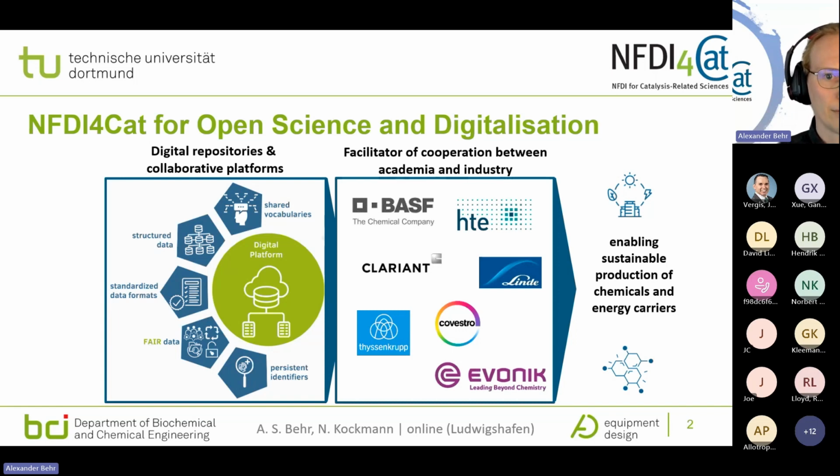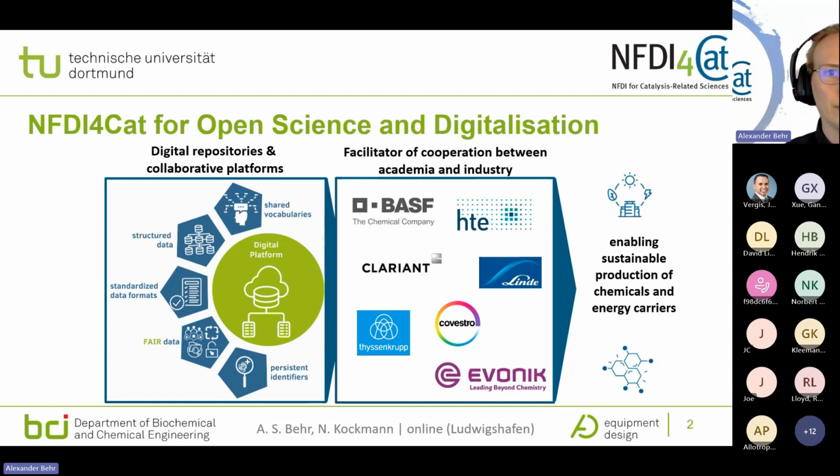So our consortium aims to develop uniform data standards and establish platform services for the catalysis science and catalytic related sciences. So we aim to come to ways for researchers to get to structured data, shared vocabularies, standardized data formats, basically the whole FAIR data ordeal, and to get this all in kind of digital platforms.